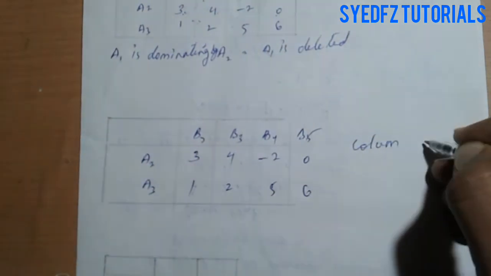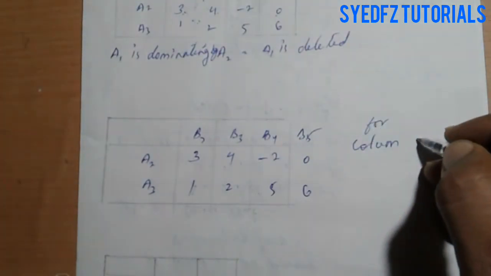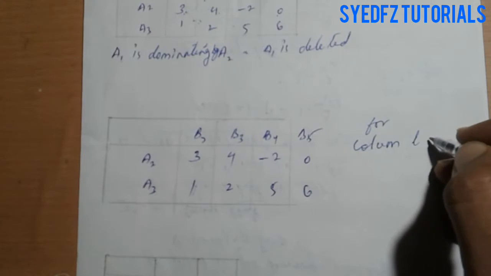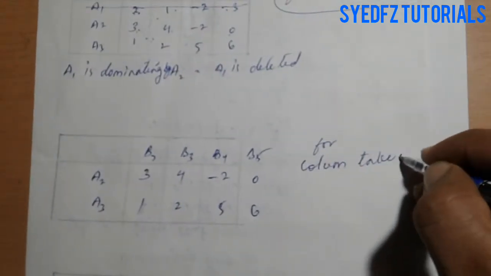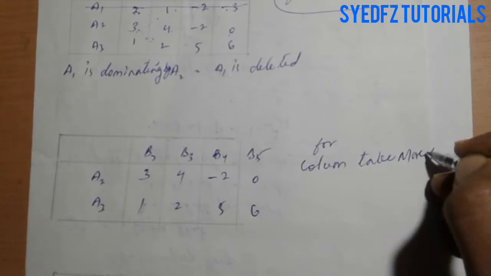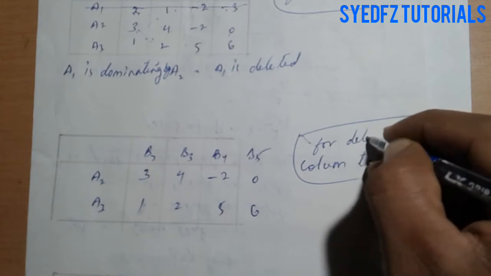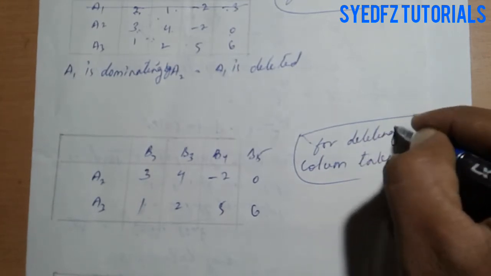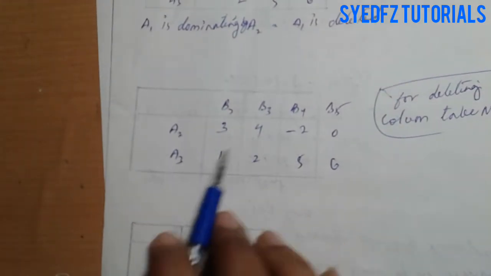For a column, take the max, and that maximum we have to delete. Okay, so which is the max? 4 is the max, and here 2 is the max.